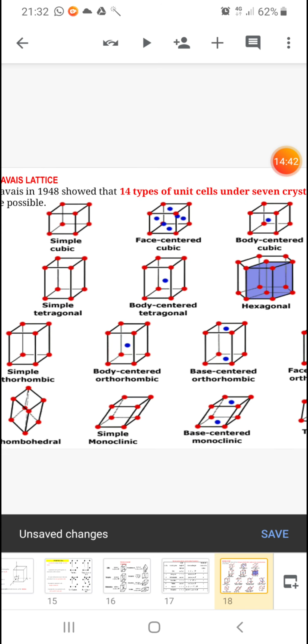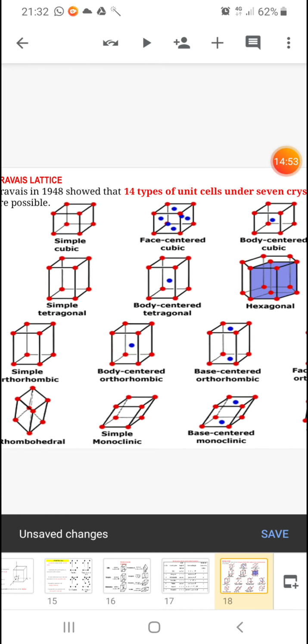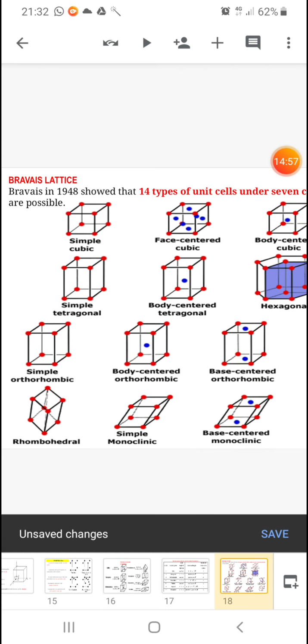There are a total of 14 Bravais lattices under the 7 systems, that is the simple cubic, face centered cubic, body centered cubic, simple tetragonal, body centered tetragonal, hexagonal, simple orthorhombic, body centered orthorhombic, base centered orthorhombic, rhombohedral, simple monoclinic, base centered monoclinic. We have to see one by one.